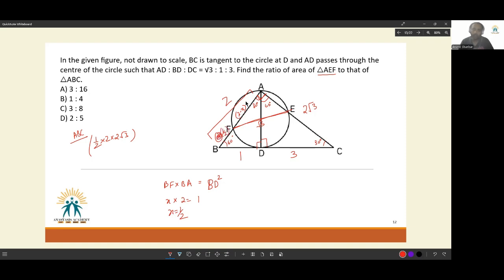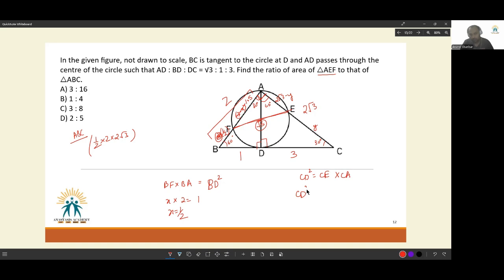If this is half, FA will be 1.5. Now, I have the hypotenuse, I have one side. I can go ahead and calculate AE using this. Otherwise, we can also calculate it as, let's say this is Y. So this will be 2 root 3 minus Y. And also, because CA and CD work, CD square will be equal to CE into CA.